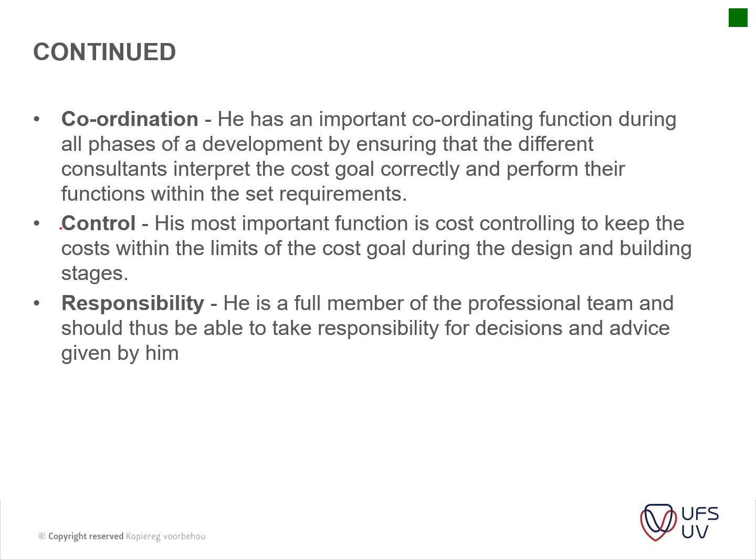Control: his most important function is cost control, to keep the cost within the limits. If he sees that certain items are taking the cost way over the original budget, he should speak to the team and indicate this. Can't we, for instance, change this or reduce this size or this wall, or take it maybe to this side? So that is the control function that he is responsible for.